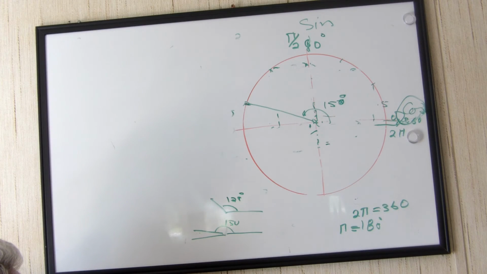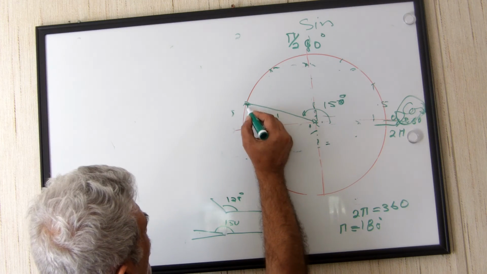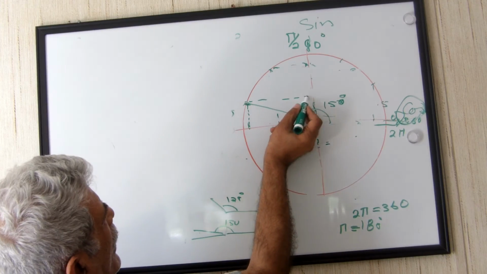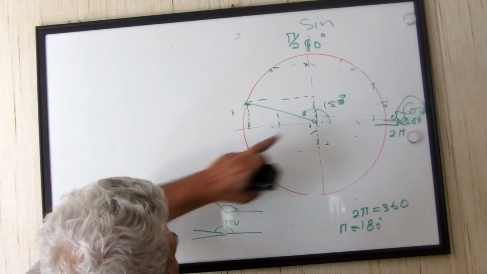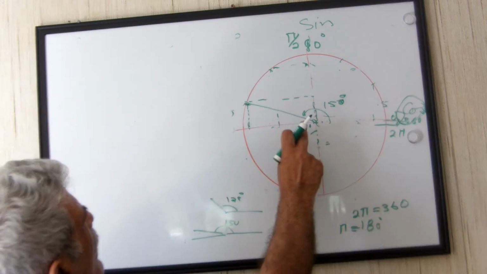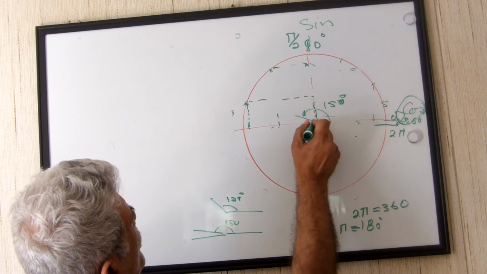Okay. We wanted to find the sine and cosine. We projected this on our cosine axis, and this one projected to the sine axis. So the sine of 150 degrees is going to be this much. I didn't draw it well, this is going to be a little bit sharper.